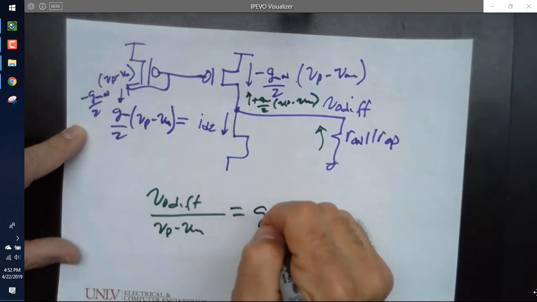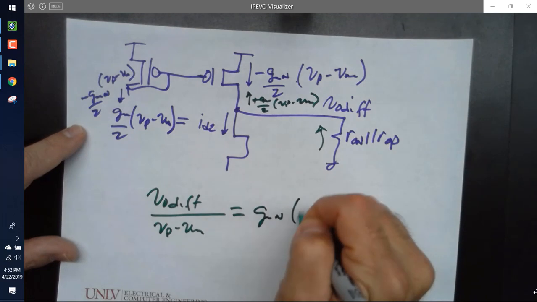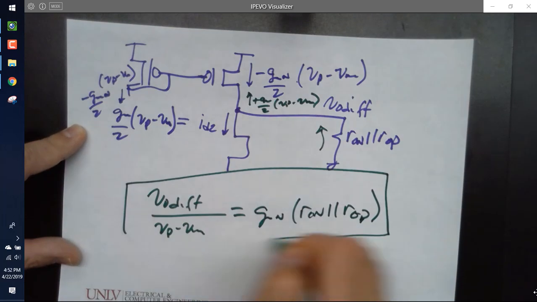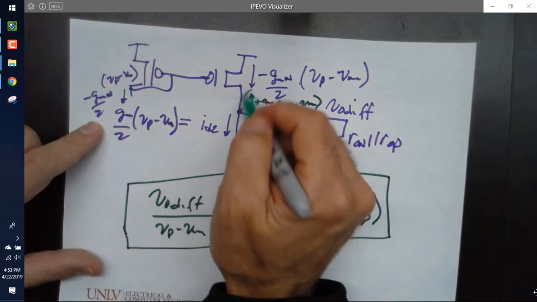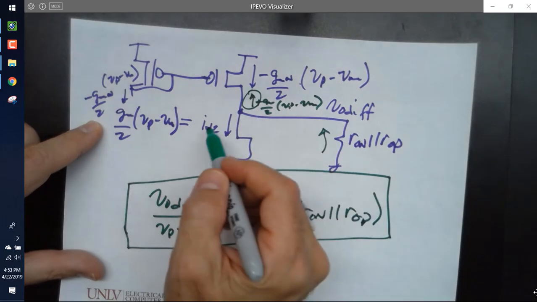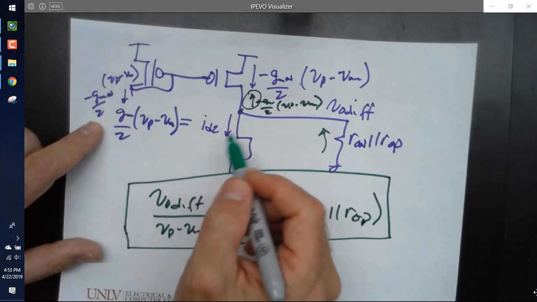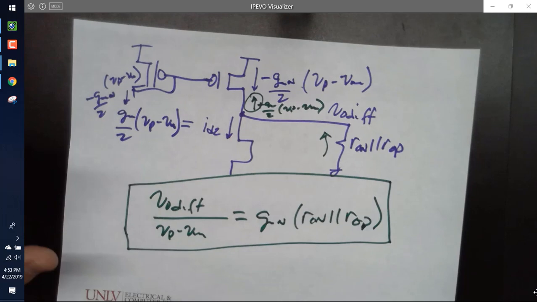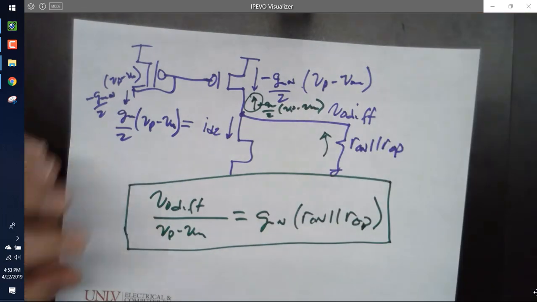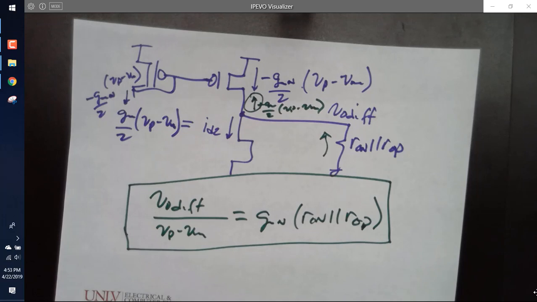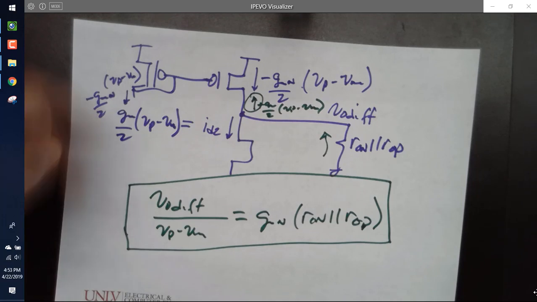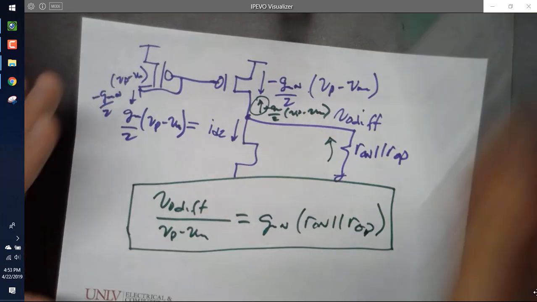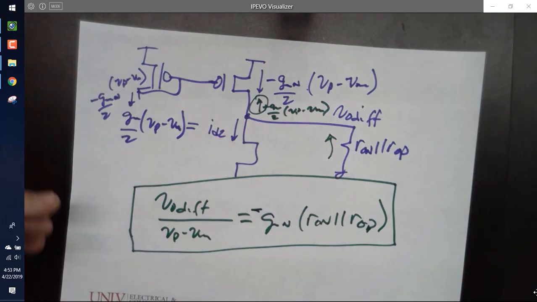I add them together, I get gmN times Rout N in parallel with Rout P. This current of gm/2 (VP minus VM) plus this current of gm/2 (VP minus VM), to get rid of the 2, we add together to this. Who agrees? So the top current is coming from the current mirror, and the bottom current is coming from the diff pair. Oh, whoops, and I did a boo-boo, obviously.